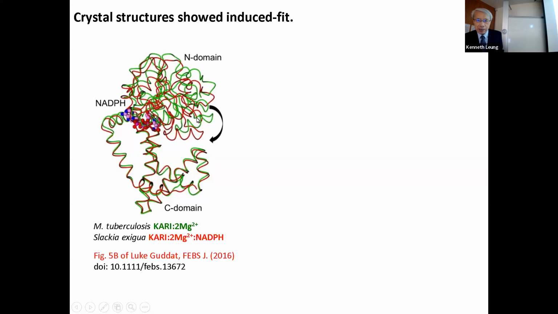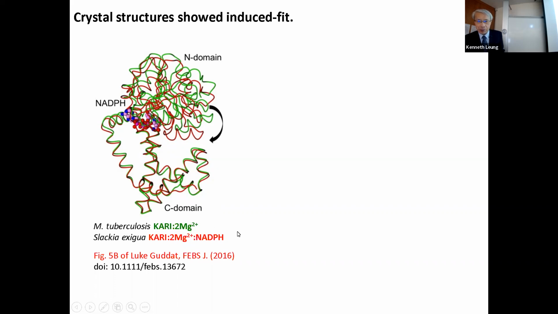And they found a substrate-induced conformational change. The green structure is this enzyme CARI with 2 magnesium ions, and the red structure, in addition, has coenzyme present.